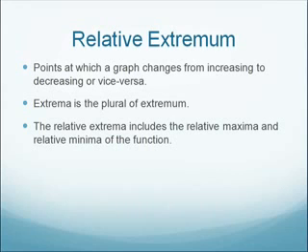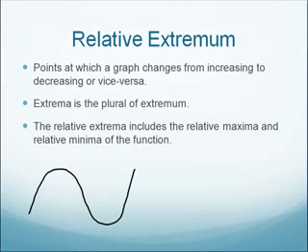So for example, if I have a function that's increasing and then it changes from increasing to decreasing, or from decreasing to increasing, those points at which it changes are our extrema points.